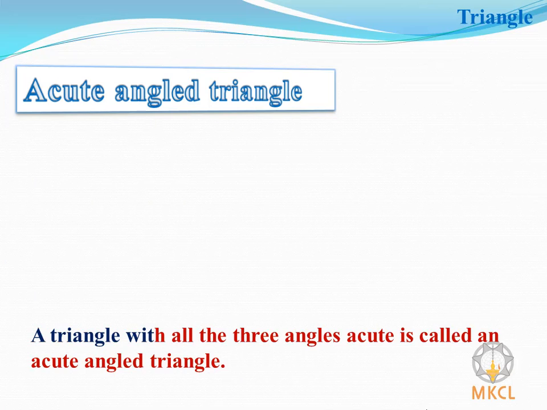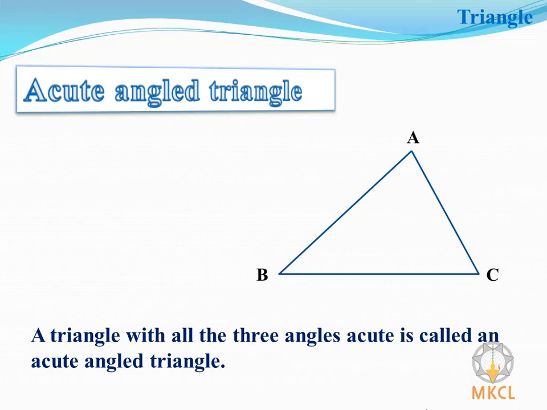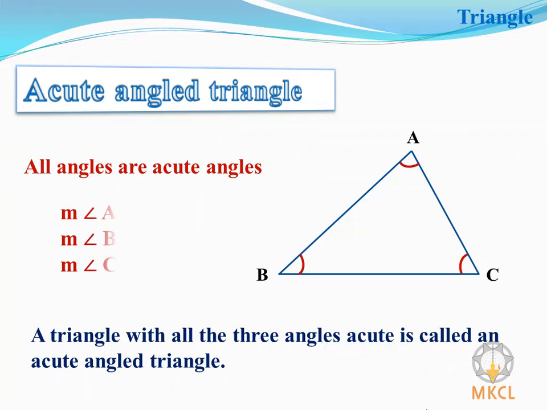A triangle with all the three angles acute is called an acute angle triangle. In triangle ABC, all are acute angles. Means measure of each angle, angle A, angle B and angle C is less than 90 degrees.